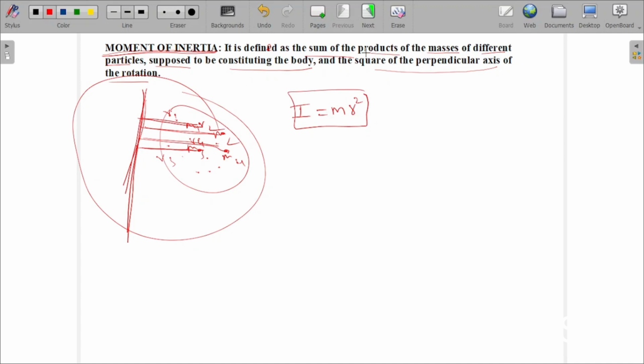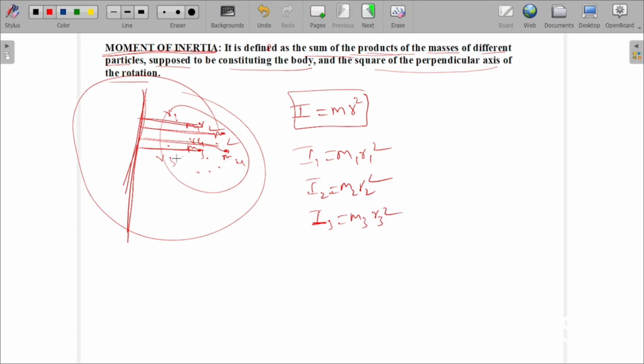It is the sum of the products of masses. This is for only one particle. For others: m1 r1², then m2 r2², then m3 r3², and like this you will have many.